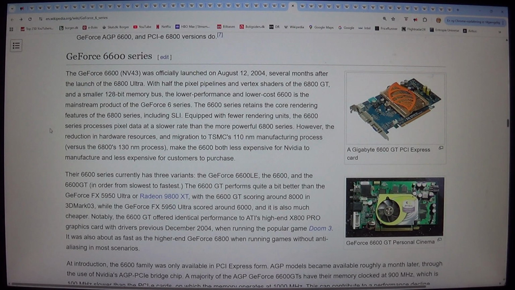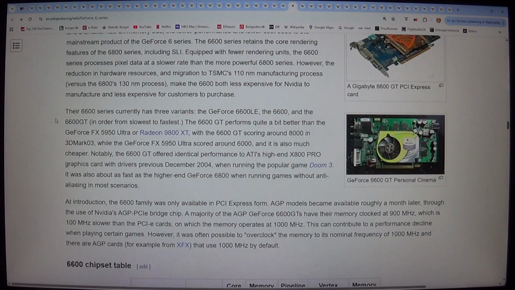However, the reduction in hardware resources, and migration to TSMC's 110nm manufacturing process, versus the 6800's 130nm process, make the 6600 both less expensive for NVIDIA to manufacture and less expensive for customers to purchase.